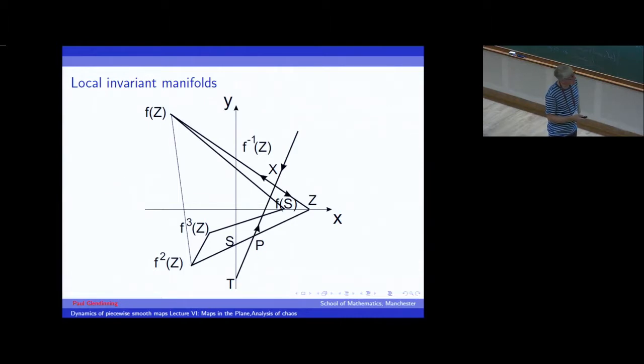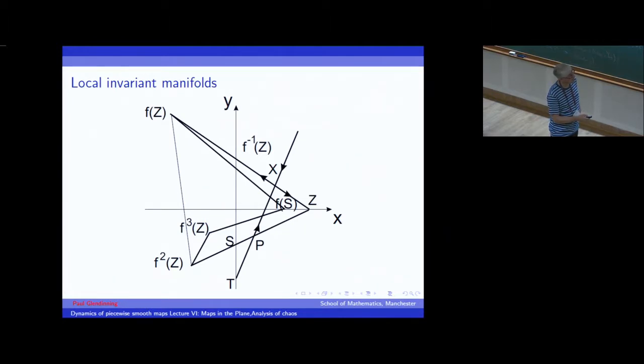So the image of z, remember it goes on the other side. Sorry, I've got that the wrong way around. The image of the y-axis is the x-axis. So take this point, so I've gone for the wrong point. This point here will map to the x-axis. So it will map here.